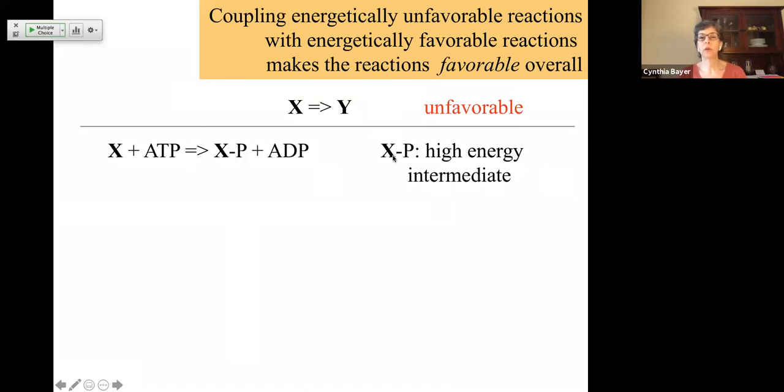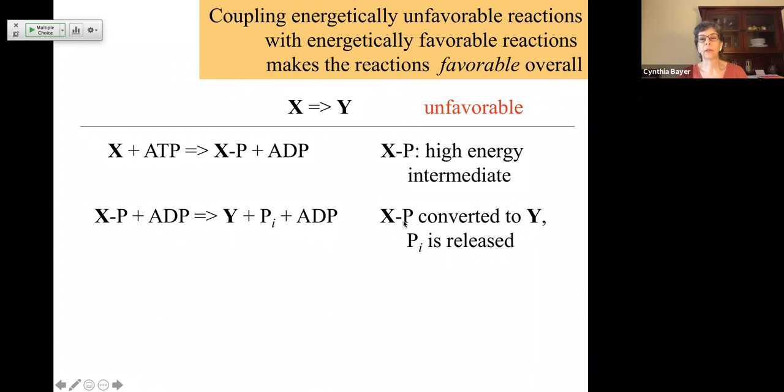So our phosphorylated X is what we call a high energy intermediate in this process of converting X to Y. And then the cell will undertake the next step, in which this chemically unstable high energy intermediate, phosphorylated X, is converted to Y.